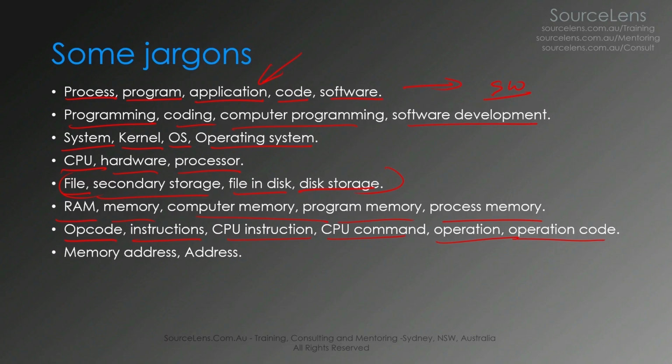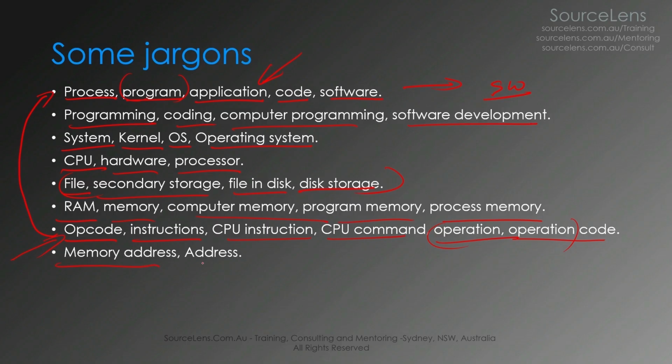So basically, this builds this. A computer program is nothing but a series of opcodes or operating instructions. Whenever I refer to one of those operations to the CPU, I'll be using one of these words.